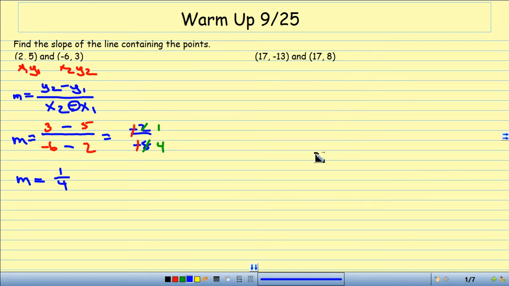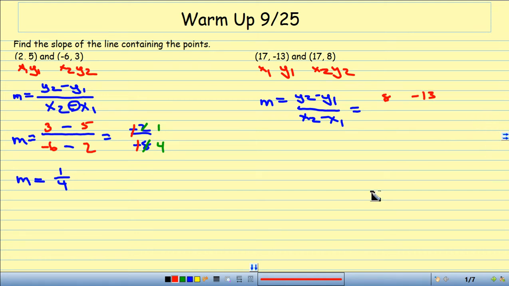For this one here, same concept. So I'm going to label my points, x1, y1, x2, y2. And I have the formula for my slope, y2 minus y1 over x2 minus x1. And I'm going to plug in. So I have 8 and negative 13.